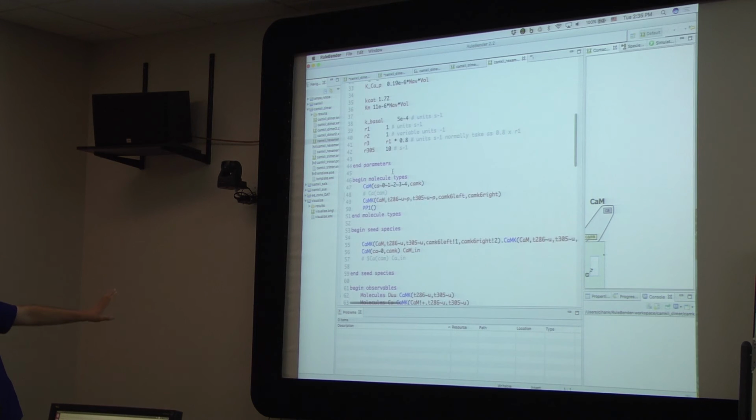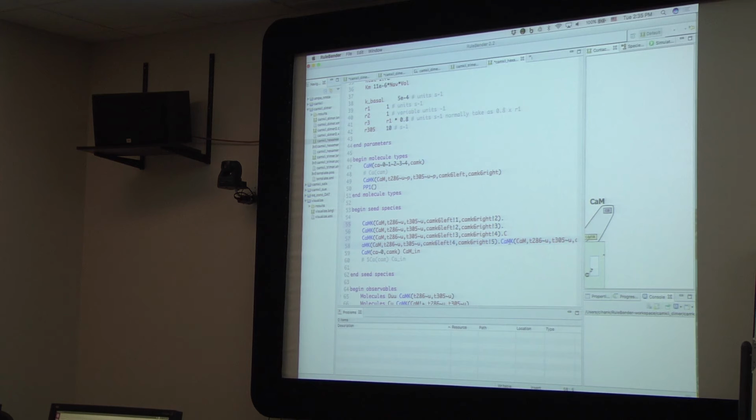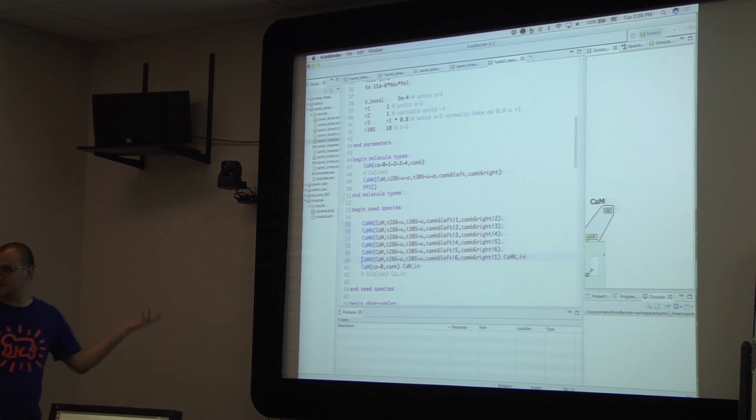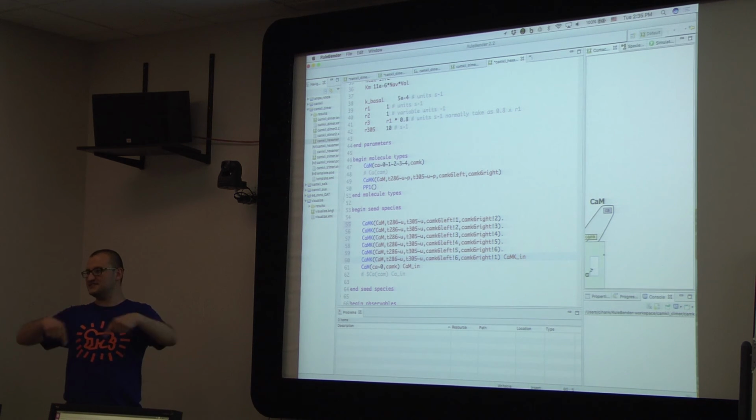It's exactly the same model, but the difference is this molecule. So this becomes a hexamer now, just by playing with the seed species section.